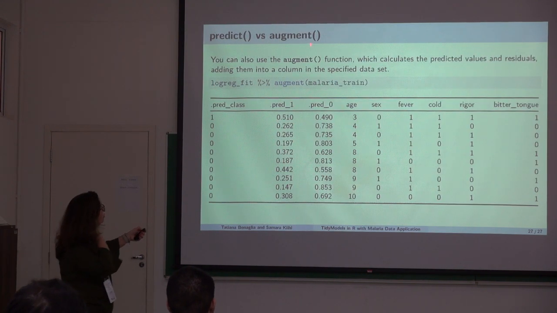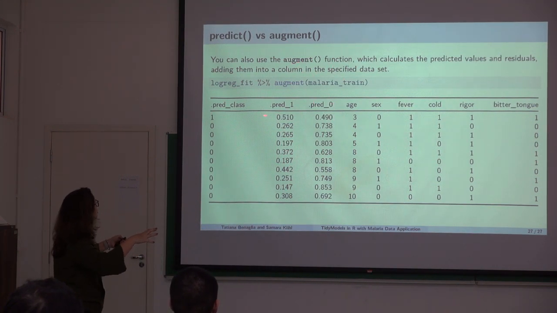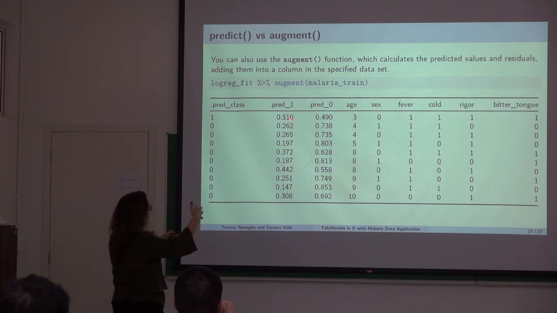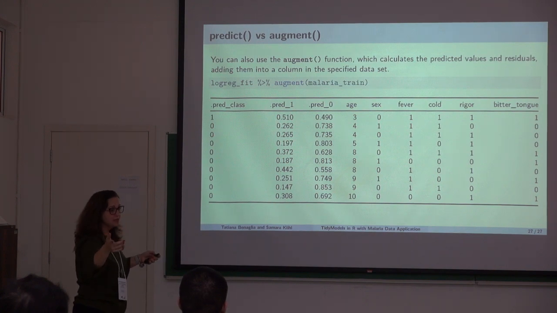But if you use this function, which is augment, it's going to give the predicted classes and the probability of being in each class, which here I classify as the one that has the maximum probability. Like this one here, you can see it's not very certain that it is severe, but it's 51% and goes to class 1.